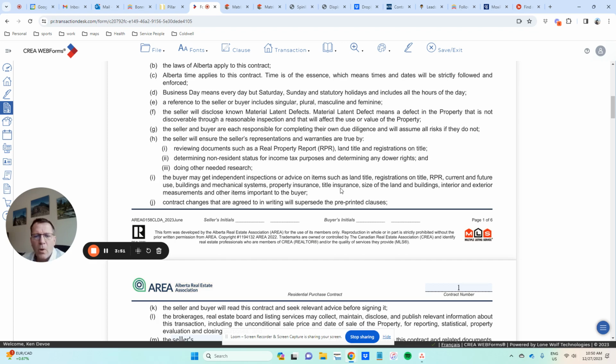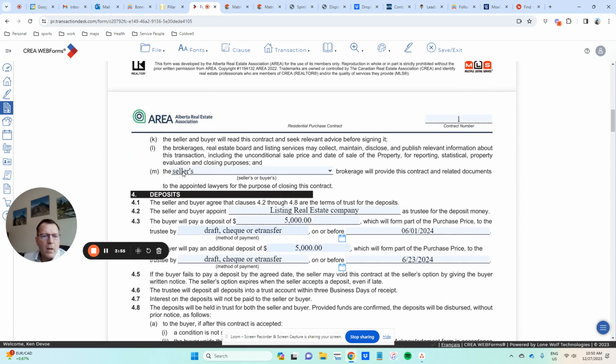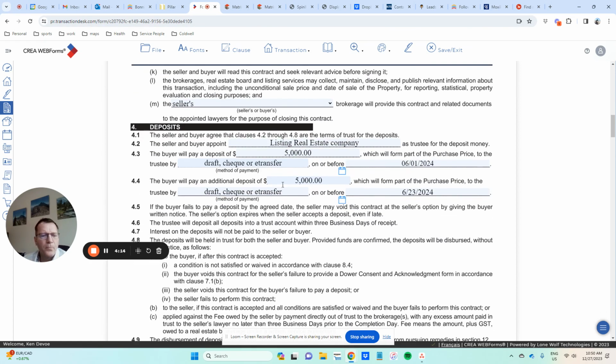And that's something that we go through every time. And then the last part here is the seller's brokerage will provide this contract and related documents to both lawyers. So basically, you're going to need a lawyer, and the seller's brokerage will always send everything to your lawyer for you. So you don't have to worry about anything like that.